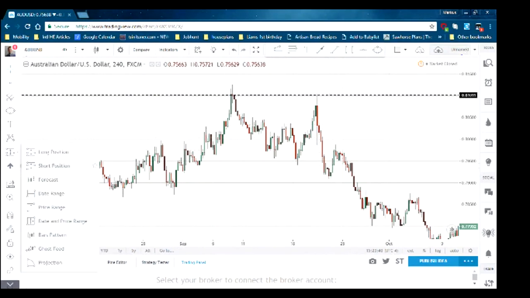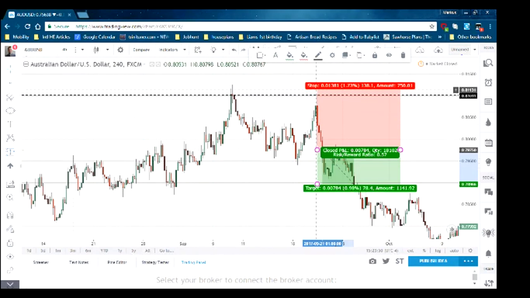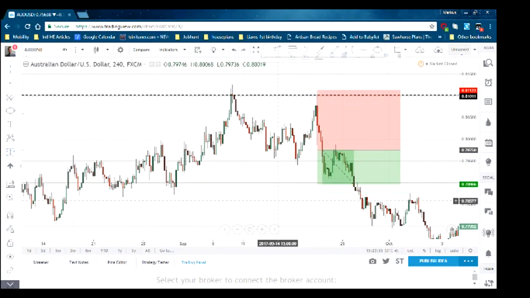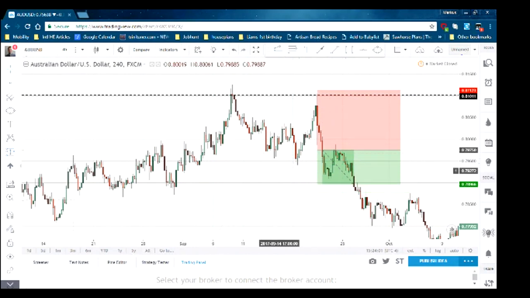Even if we were to, let's say, the low here is 0.79856. That is good. Now, because of the long wick, this is, of course, a very steep stop loss, right? So you have to be comfortable with placing your stops. You don't want to just enter any trade.